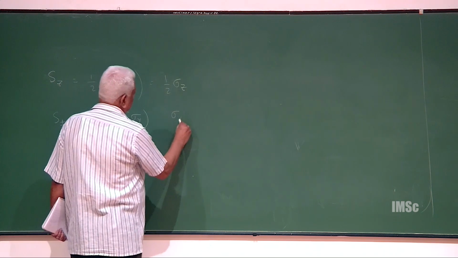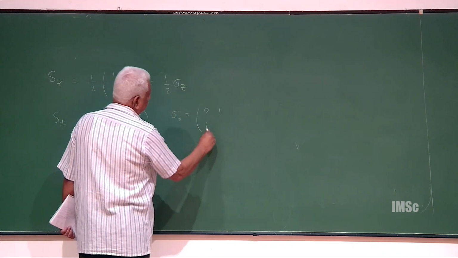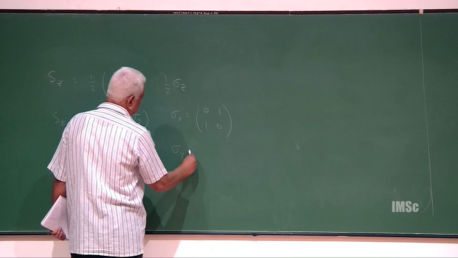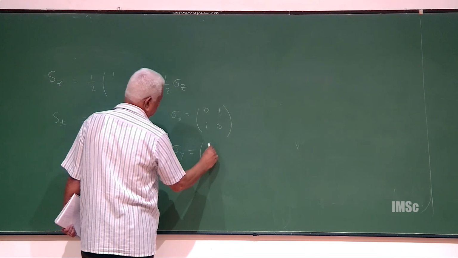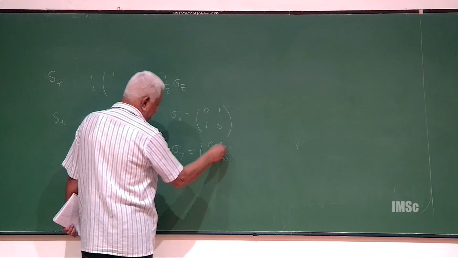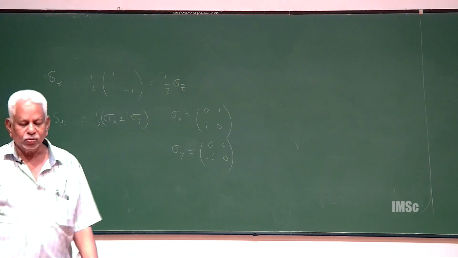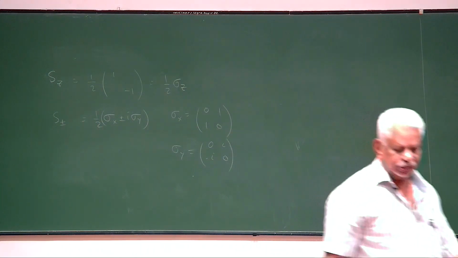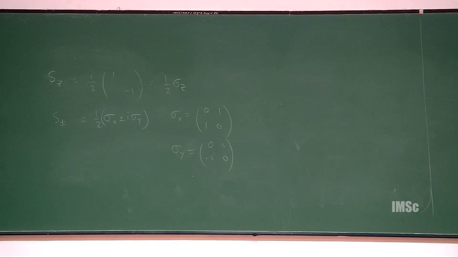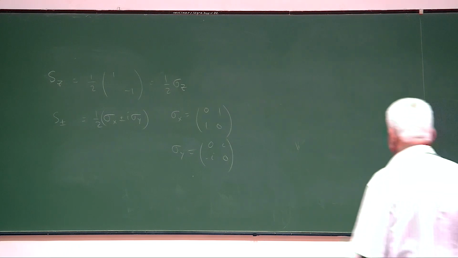Sigma x is going to be 0 1 1 0 and sigma y, if I am right, is going to be 0 minus i, i 0. There might be a minus i also possible. So those are the three matrices, sigma x, sigma y, sigma z, which are called Pauli's sigma matrices. The spin angular momentum is half times sigma. Half is the number associated, plus half and minus half. So this is what is the thing here.